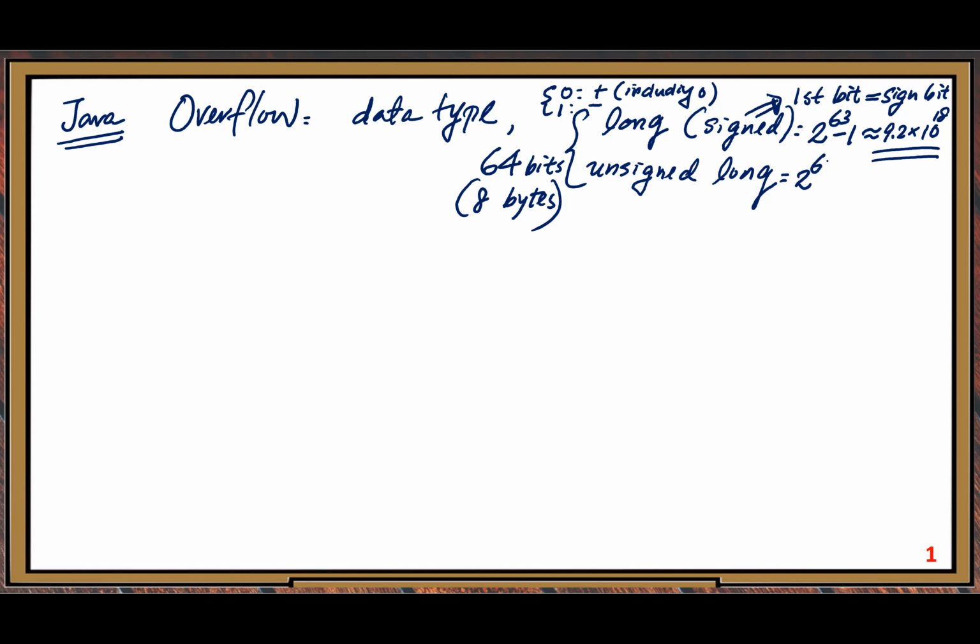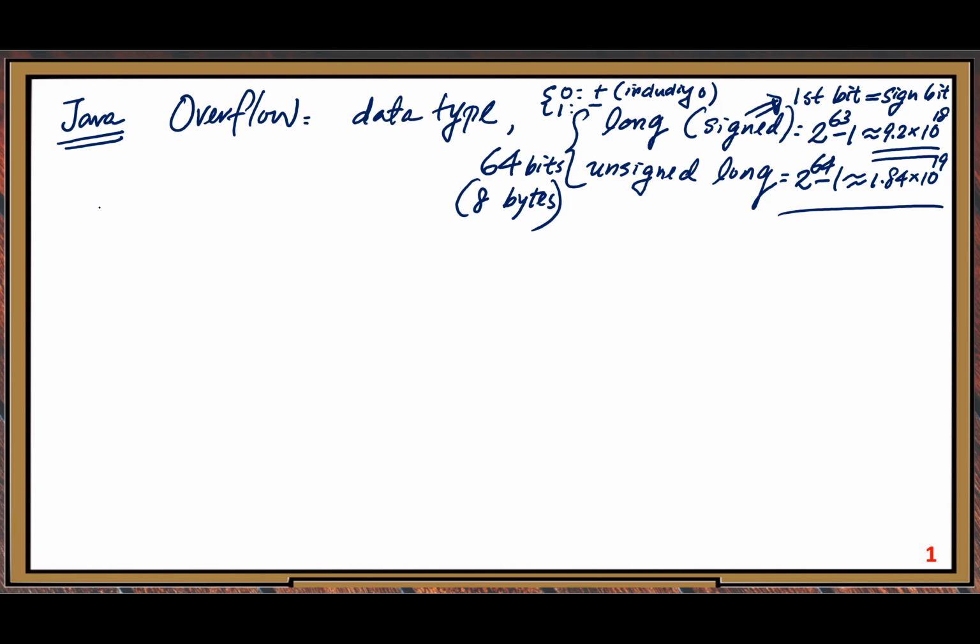So the largest you can represent is 2 to the 64th power minus 1, approximately equal to 1.84 times 10 to the 19th power. After that, you will get overflow. So there is a bound like this.